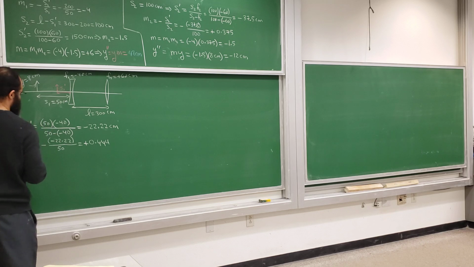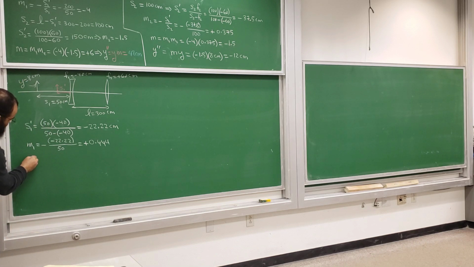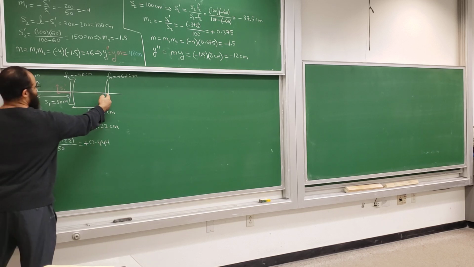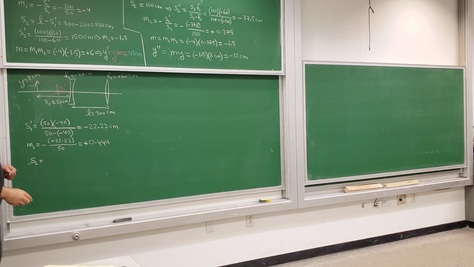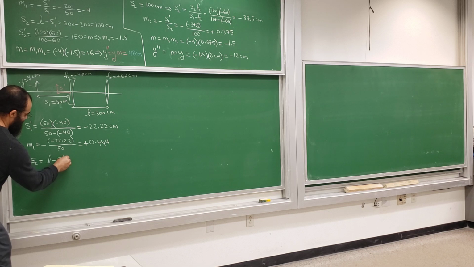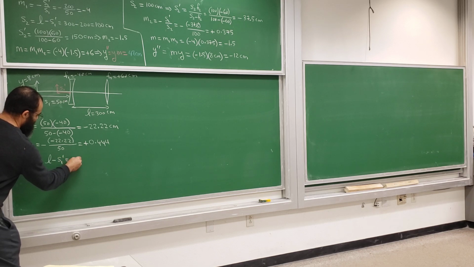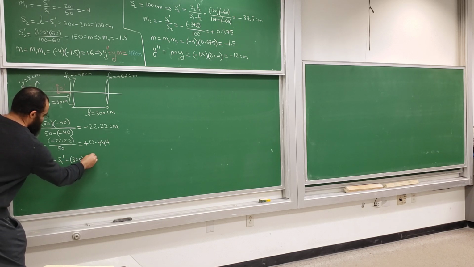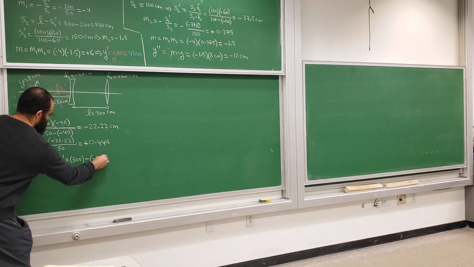So this is S1 prime. Who can tell me how do I get S2? The distance from here to this image. 300 plus 22.22, right? One systematic way to do it is this: it would be L minus S1 prime, so that is 300 minus minus 22.22.